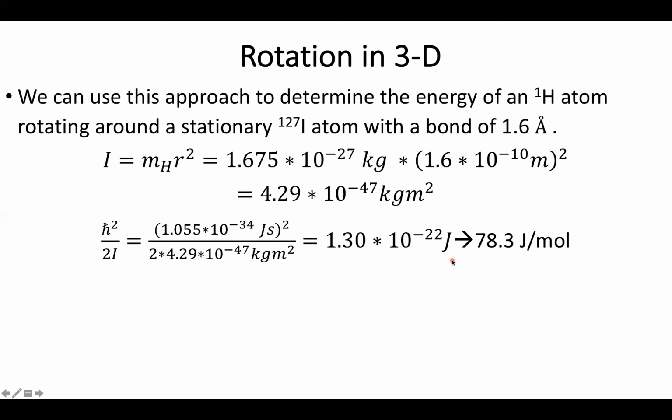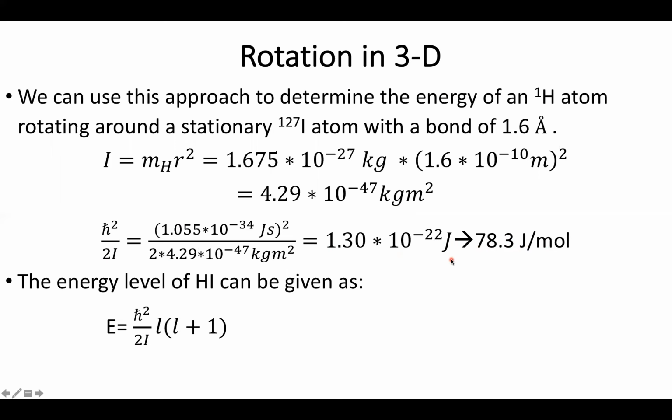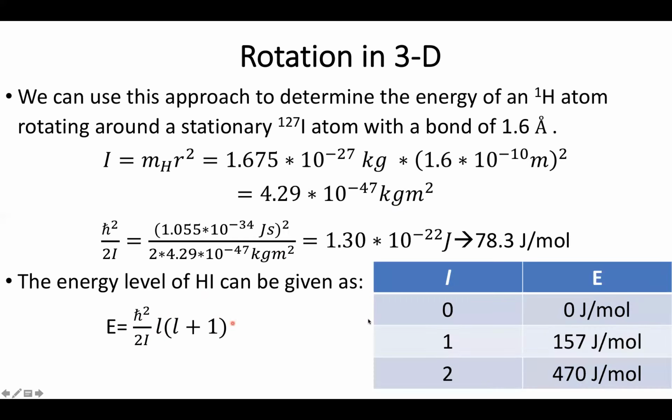Now, one of the reasons why this is important is because this prefactor is really what's going to control our energy levels in HI. So we're going to have a general separation of h bar squared over 2I. And then again, the actual location of the levels will be dictated by our angular quantum number, L. So if I have an L of 0, I've got no rotational motion, energy of 0.